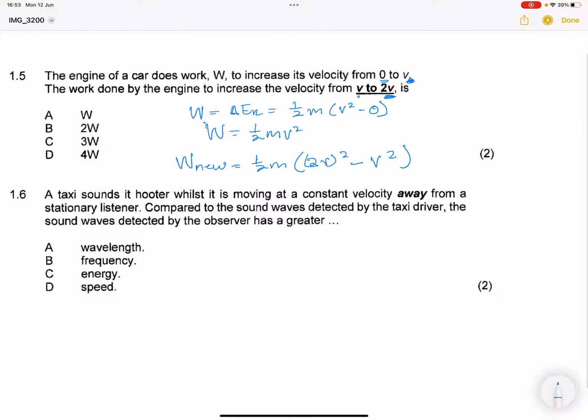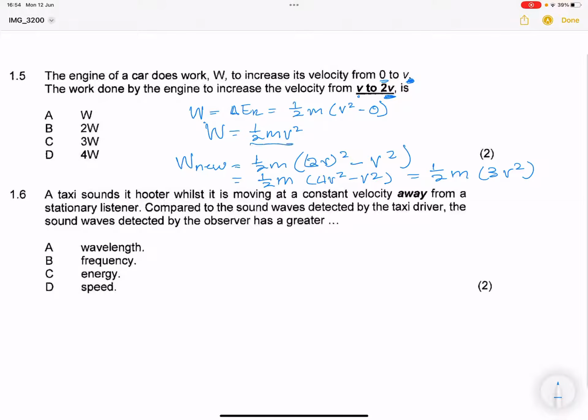Now put that in brackets so that you remember that the entire 2v is actually squared. So this will give me a half of m into 4v squared minus v squared. And in this case, this will give me a half m into 3v squared.